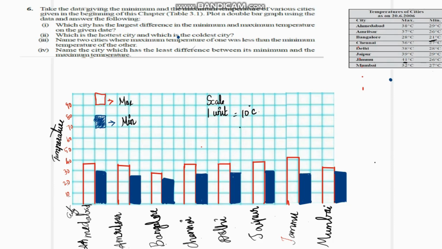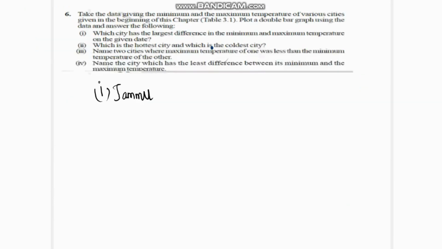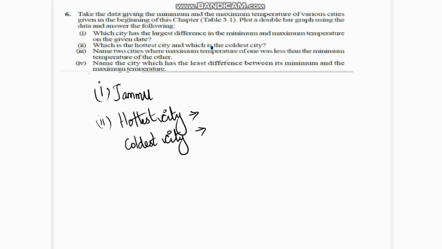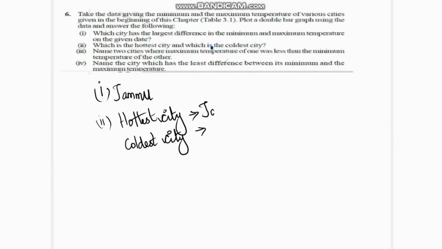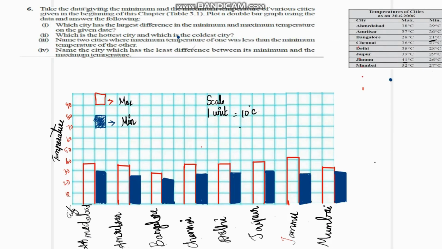So the hottest city is Jammu, and you can easily find out the coldest city is Bangalore, which is only about 21 degrees Celsius.